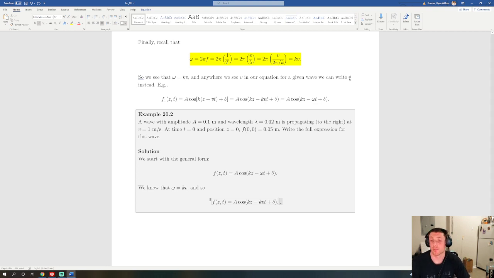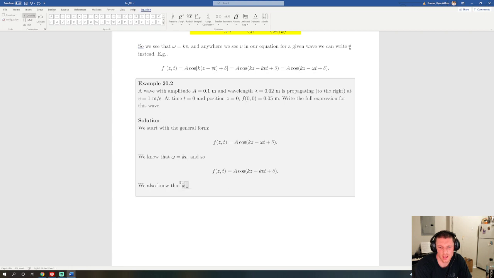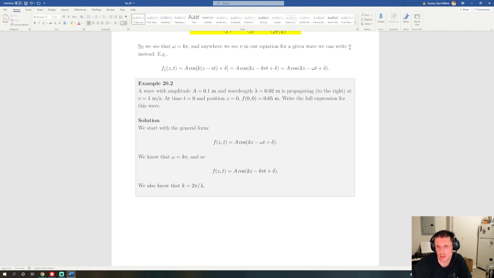Now we have made a substitution. And then let's also remind ourselves that k equals 2 pi over lambda. So we're simply going to eliminate all the k's for 2 pi over lambdas.